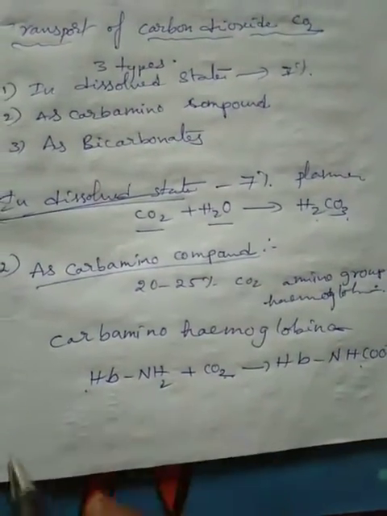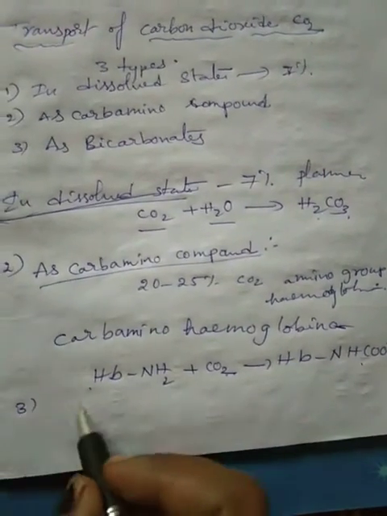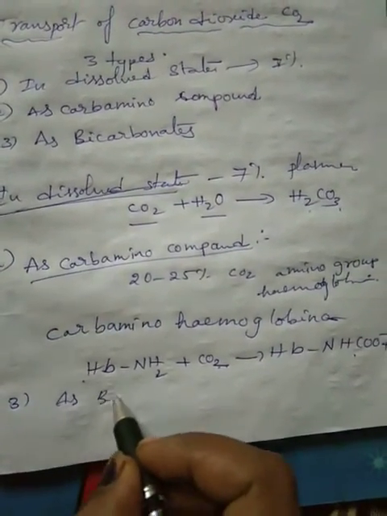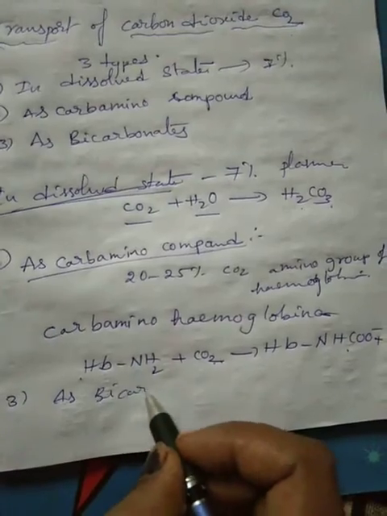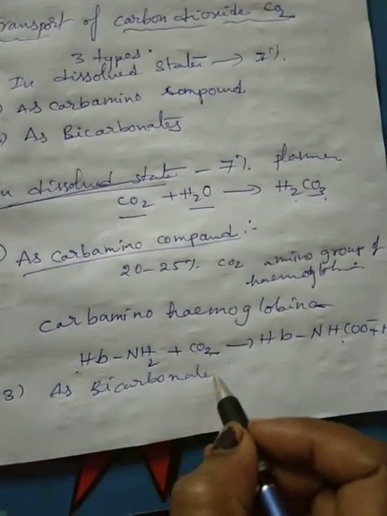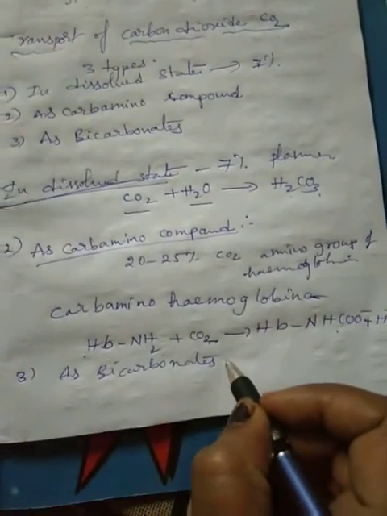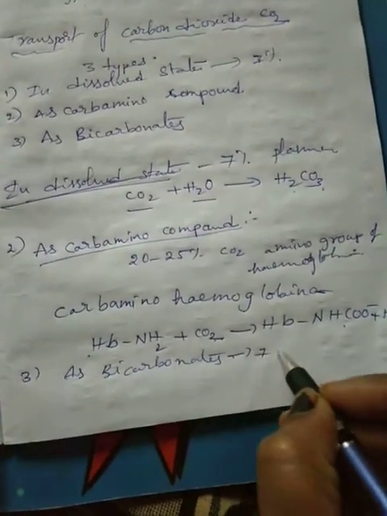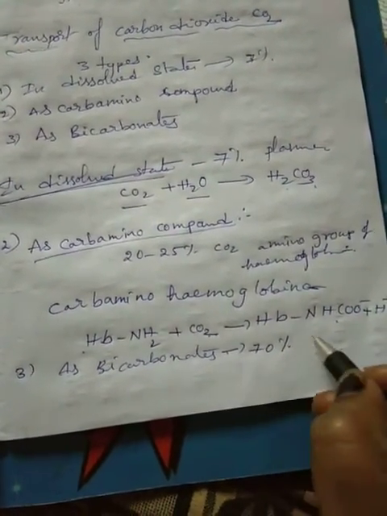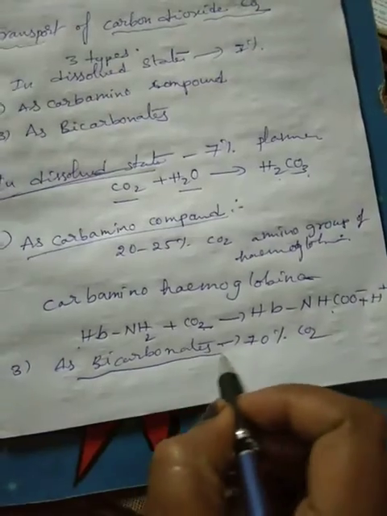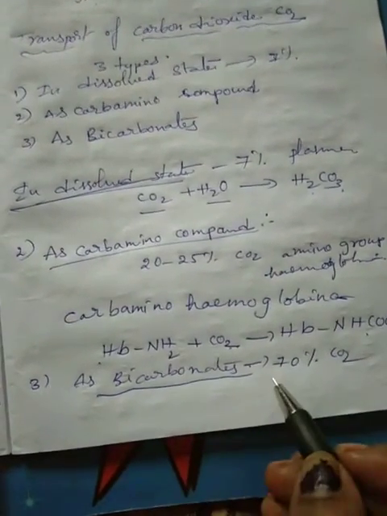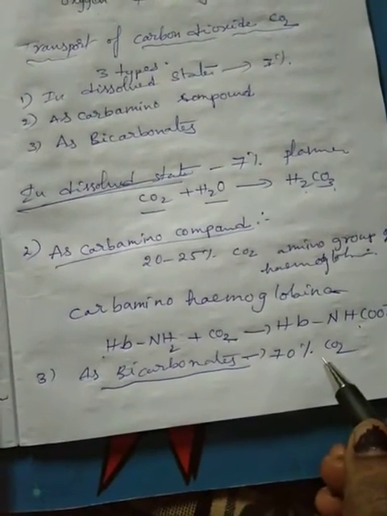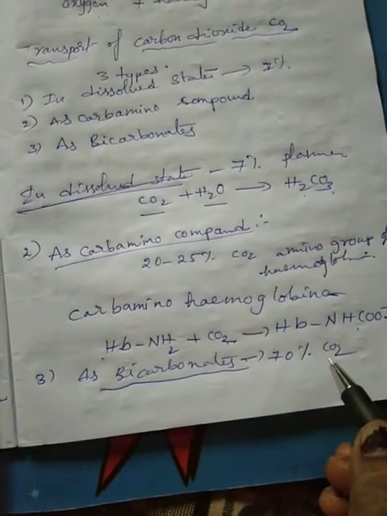And next one, third stage, as bicarbonates. It is 70% of CO2. 70% of CO2 is transported as bicarbonates.